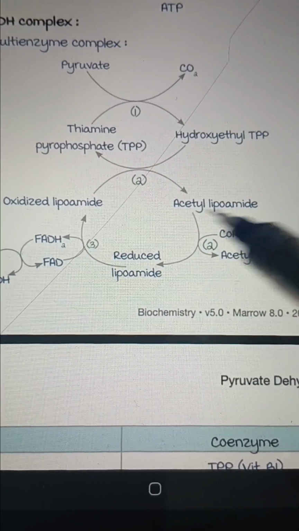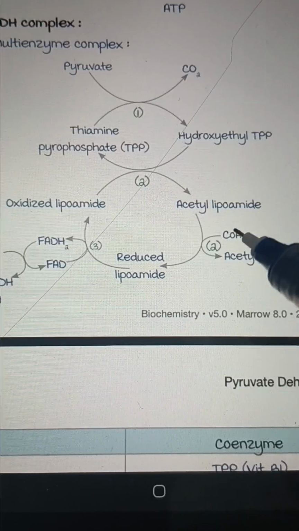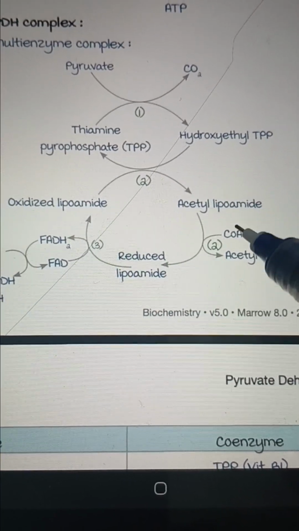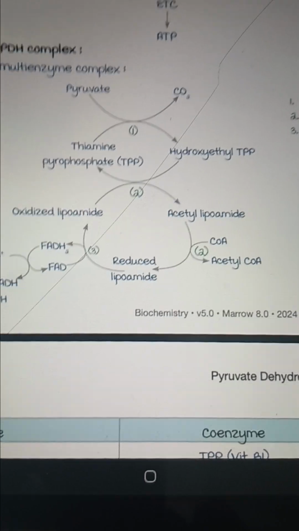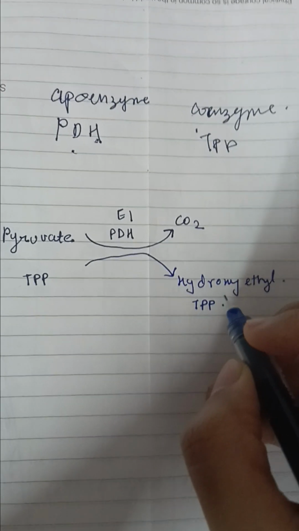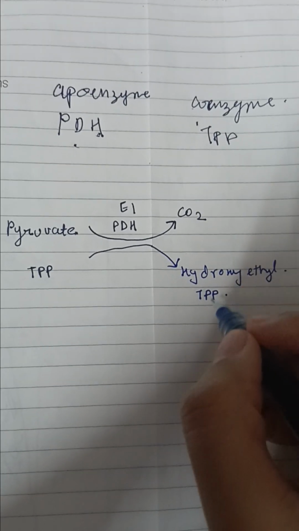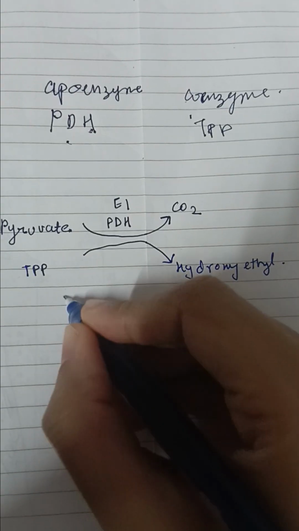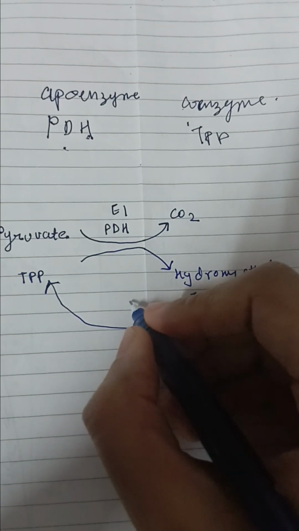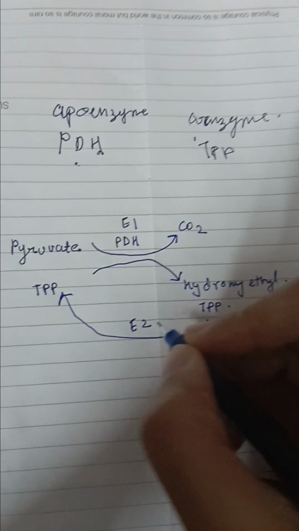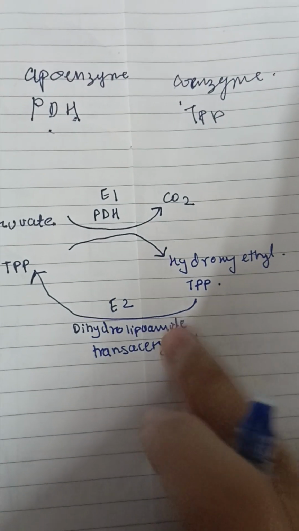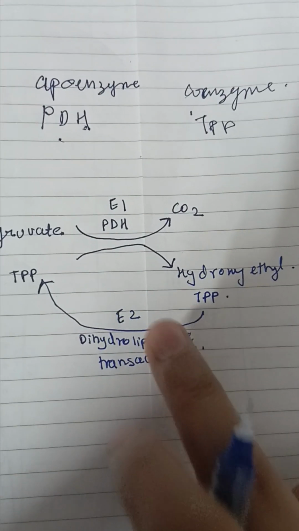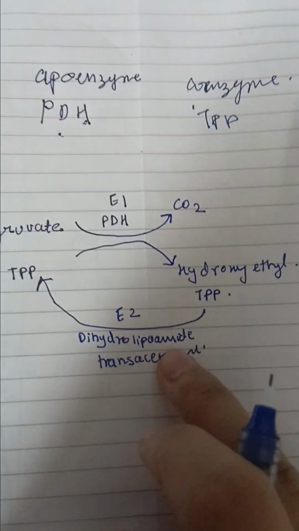Now we have the acetyl lipoamide in the presence of dihydrolipoamide transacetylase enzyme, which is the E2. I will write it down. So we have this hydroxyethyl TPP. The TPP will go back here, very easy. And now we have E2, which is the dihydrolipoamide transacetylase, but it is an apoenzyme, which means it is inactive.